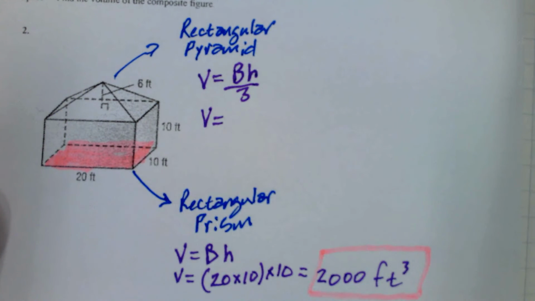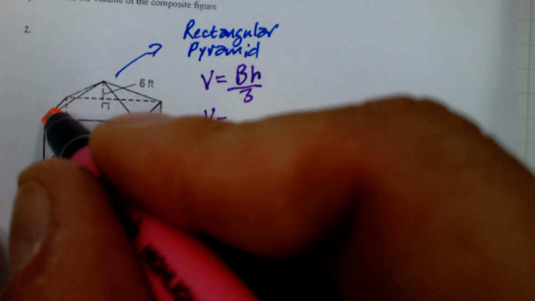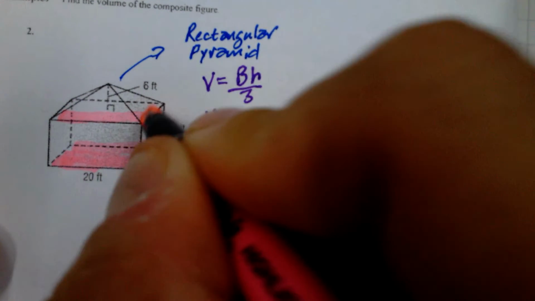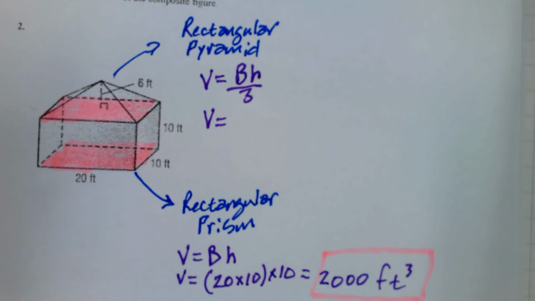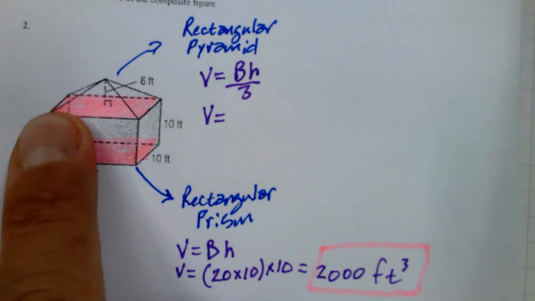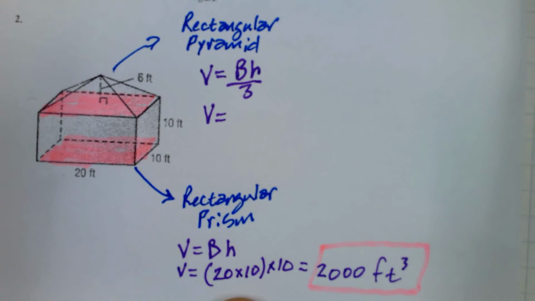So let's figure this out. We got a little lucky here, guys. We're going to transfer that base over again. It's going to be the same on the top and bottom. So what do I have to multiply to get this base? 20 and 10. It's the same.